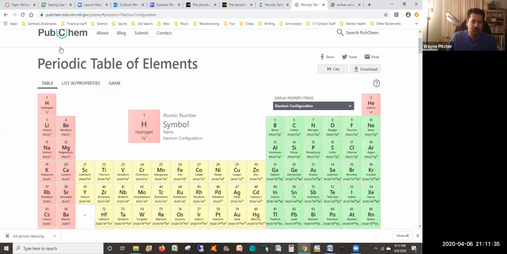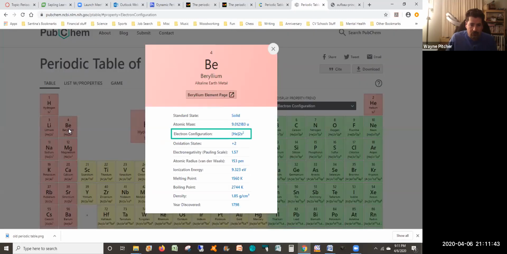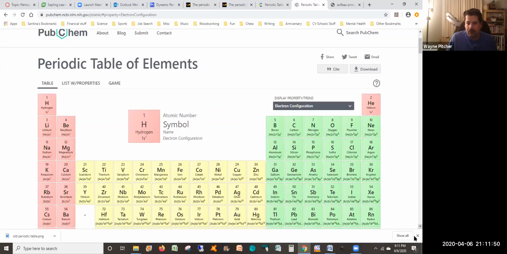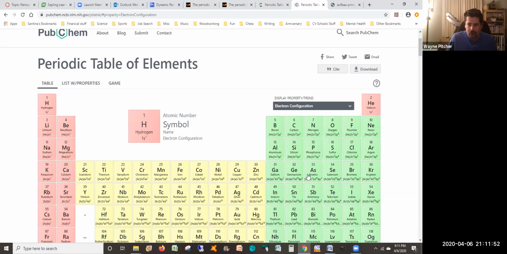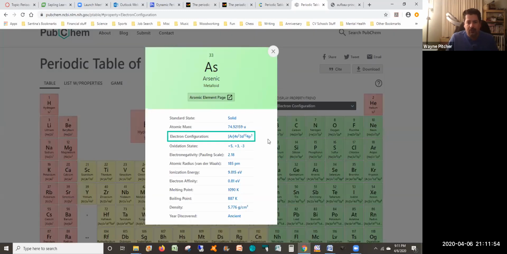I did want to show a couple other periodic tables here. This one's kind of nice from Chem, and it was the last link, because if you take a look here, I'm just going to click on beryllium, it actually gives you your electron configuration. And let's click on a different one. Let's do arsenic, why not? And notice that it has the abbreviated electron configuration.